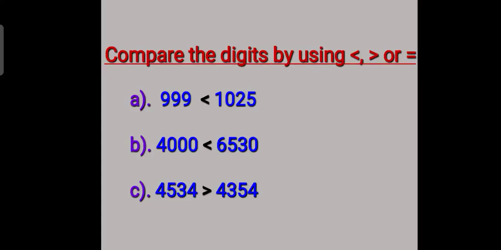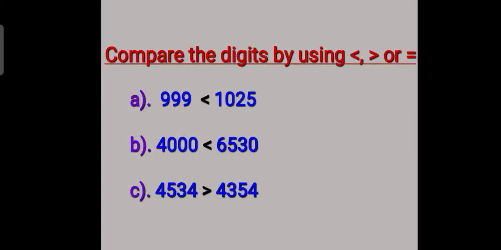Now let's see one more example. These two numbers are 4534 and 4354. First step, firstly count the digits. First count the digits of 4534. This is 4 digits, and the next number, 4354, is also 4 digits. Both have the same number of digits. Then what can we do? Yes, we compare every digit from the left.